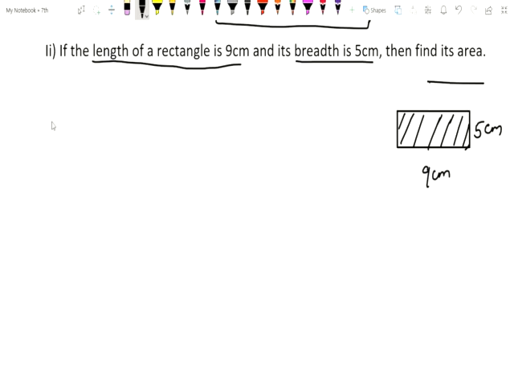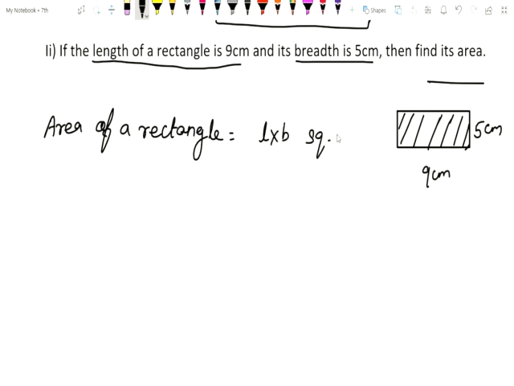So area of a rectangle equals L into B square units. L represents length, B represents breadth. So here length value 9 into 5. 9 5s are 45 centimeter square.